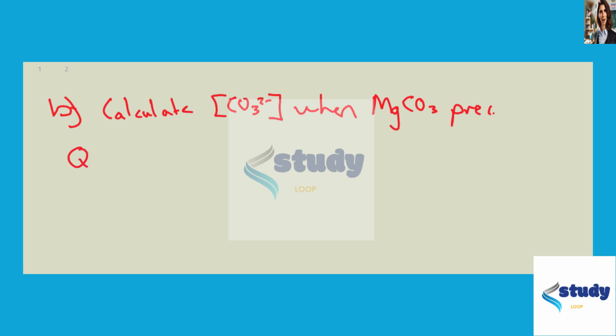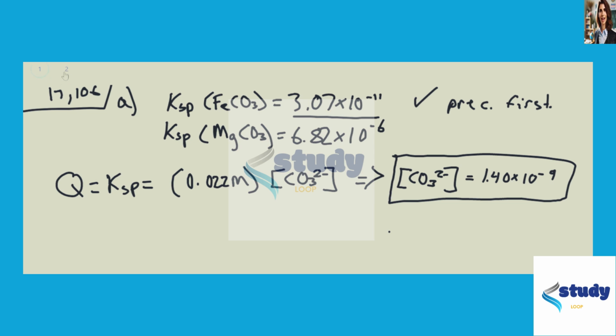So we set Q equal to KSP, which for magnesium carbonate is 6.82 times 10 to the minus 6, which we saw from our first part here.